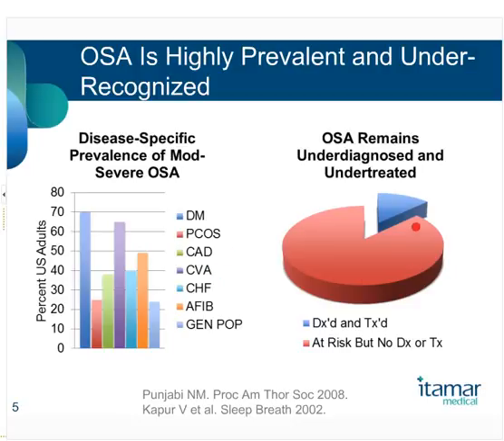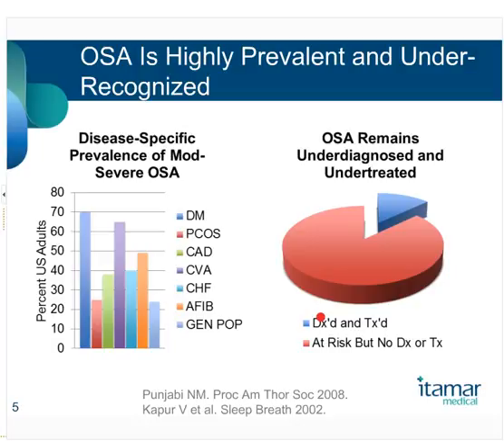And then on the other side of this slide, we have this pie chart showing how sleep apnea remains underdiagnosed and undertreated. If you look at the red part of the pie, this is at risk, but no diagnosis has been made and no treatment has been provided. And you can see that if you look at the total population of sleep apnea potential sufferers, and you look at the blue piece that is separate, maybe only 15% of the people who are likely to have sleep apnea have already been diagnosed and treated.